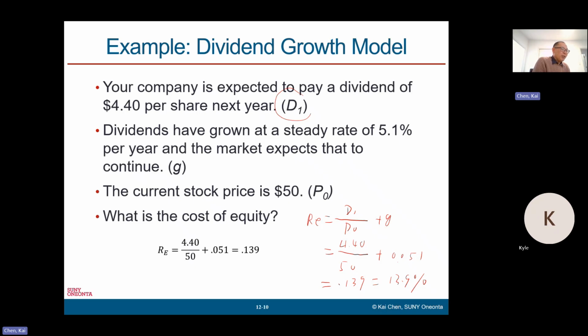If you buy this stock, you require to receive a 13.9% return, so the company has to pay 13.9% return to you. That is the cost of equity that the company has to pay to use your dollar.